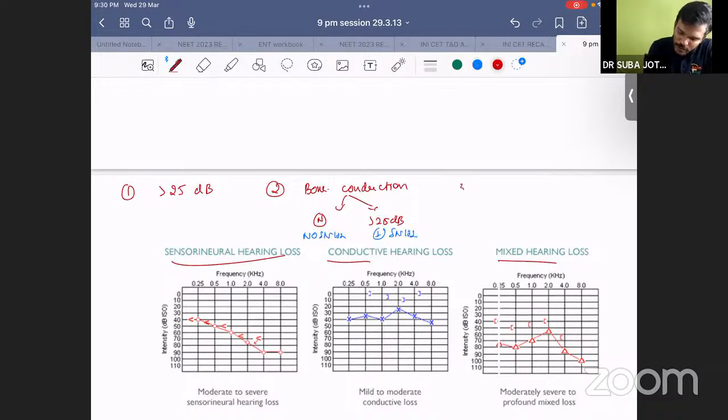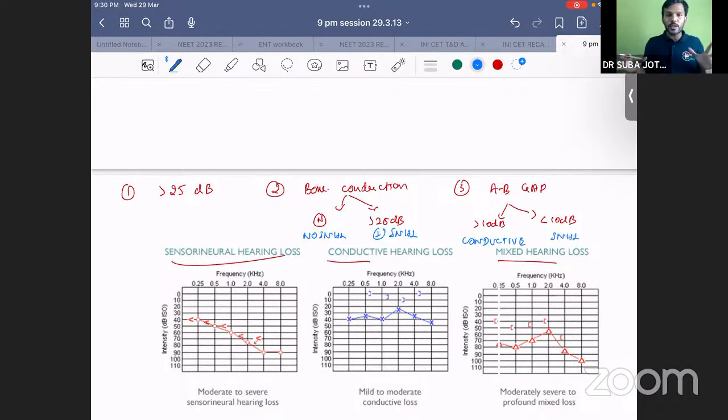Then look at the air-bone gap, more than 10 decibel or less than 10 decibel. More than 10 decibel air-bone gap, conductive hearing loss. Less than 10 decibel air-bone gap, sensory neural hearing loss. So these three thumb rules you should never forget, people. With these we could answer any sort of questions.